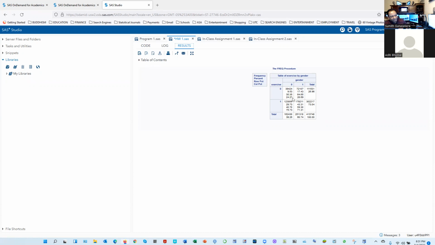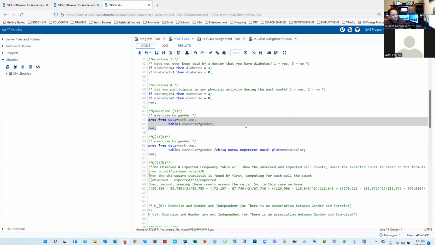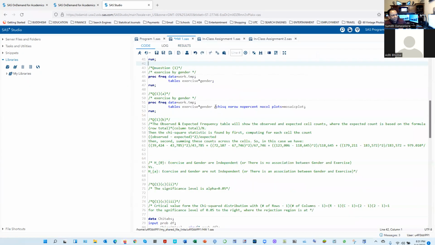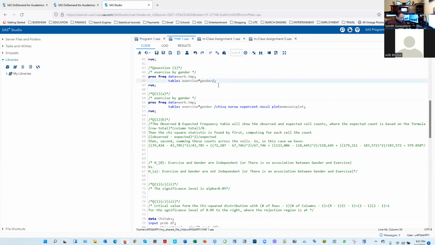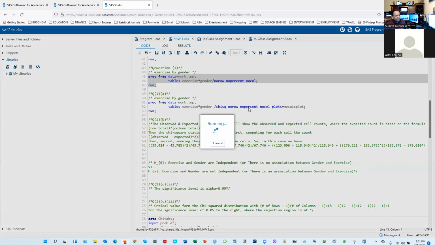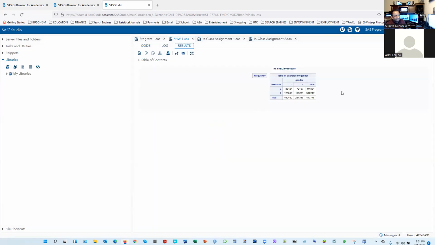If you don't like that one, you can simply say you don't need it. For size by gender, you don't need that one. I don't need the percentage. That's the sequence.